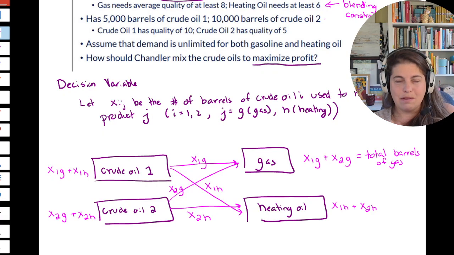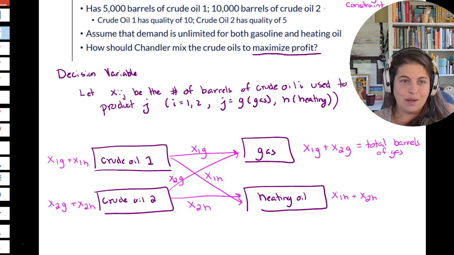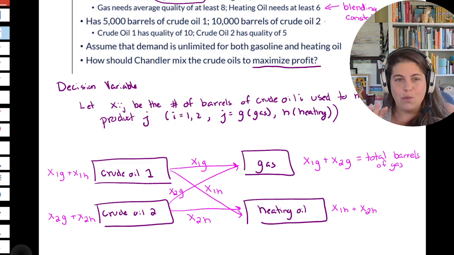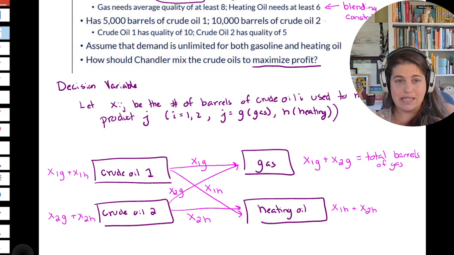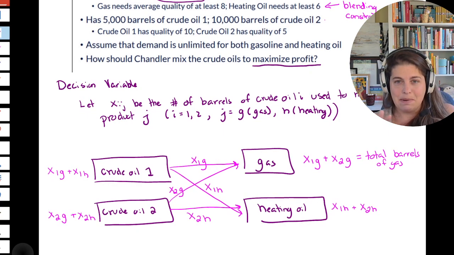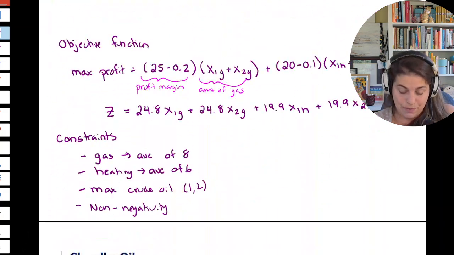And there are ways to simplify this problem because of those assumptions. I'm going to show you how to solve this if we didn't have those simplifying assumptions because it works in every blending style problem, okay? So let's start with the supply constraints on the 5,000 barrels available of crude oil 1 and the 10,000 barrels available of crude oil 2.